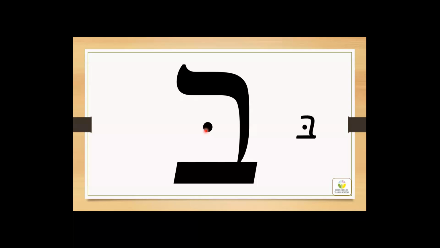There is your Bet. Write it down. Make sure that you have got a dalet in your bet. It must have a dalet. Okay? You written it? Yes. Okay.